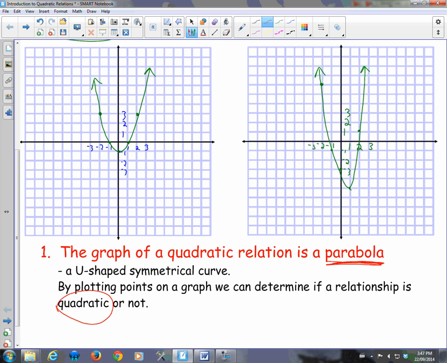Some special terms go along with a quadratic. One is the vertex. The vertex is the lowest or the highest point. Another term that goes along with a quadratic is the direction of opening.